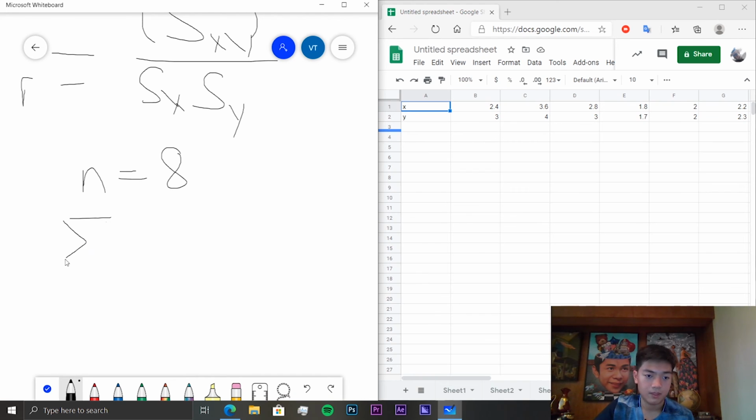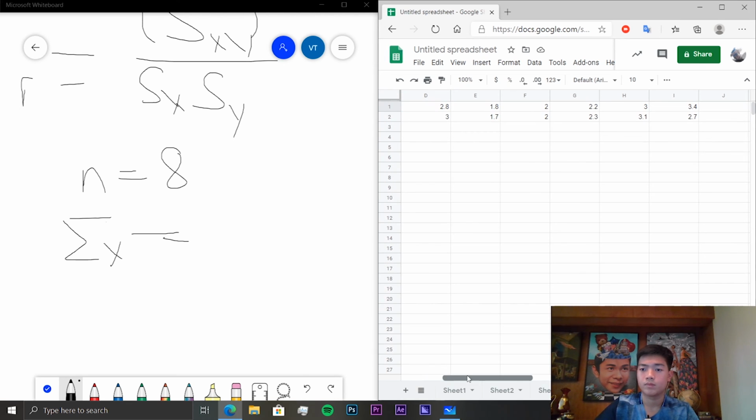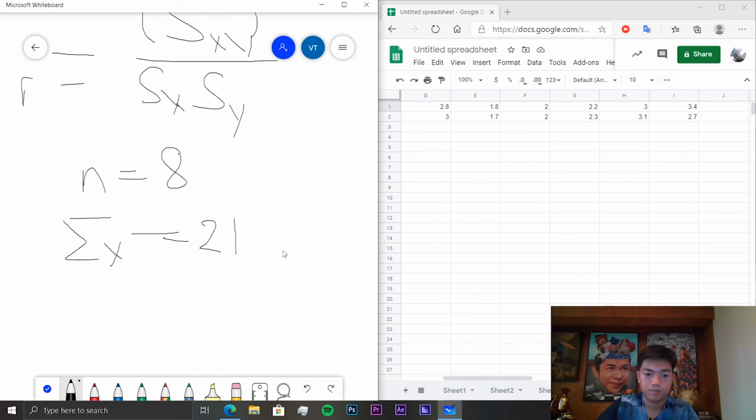The sum of the x values is equal to 2.4 plus 3.6 plus 2.8 plus 1.8 plus 2 plus 2.2 plus 3 plus 3.4. So that's equal to 21.2.